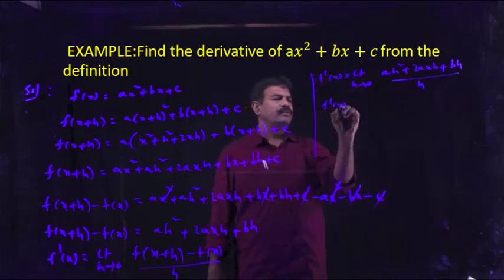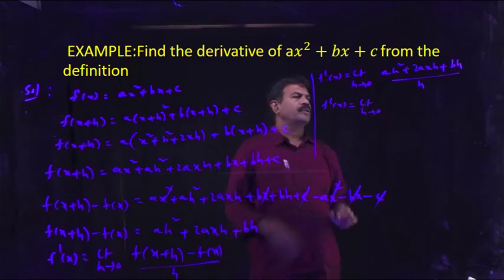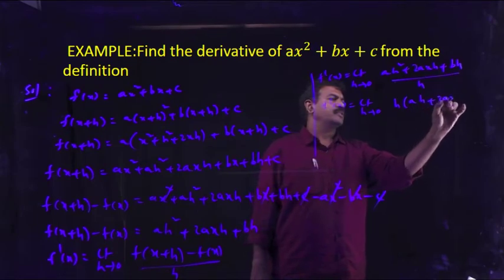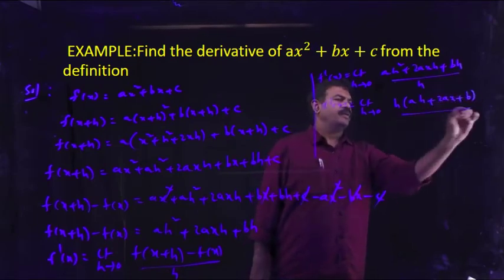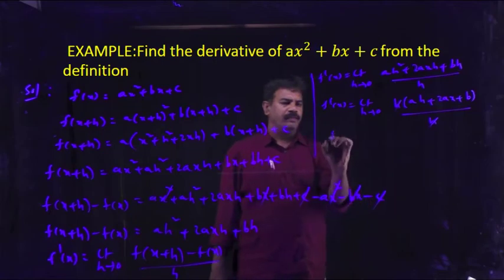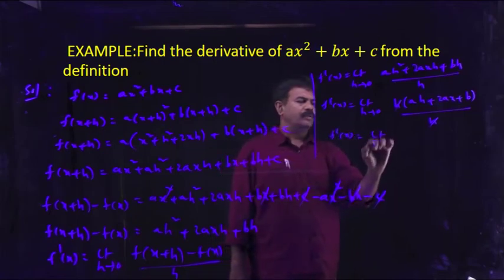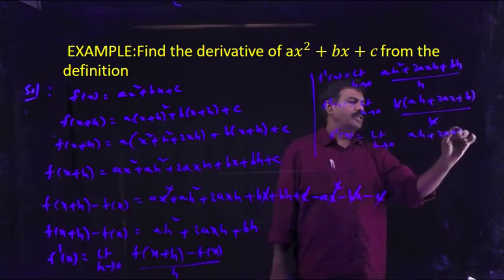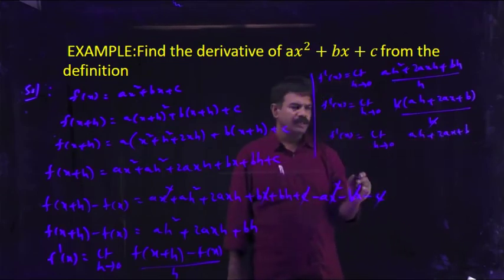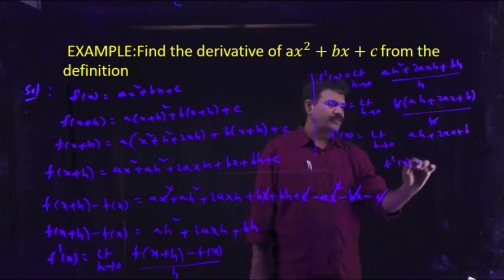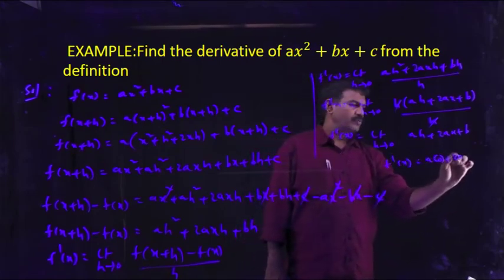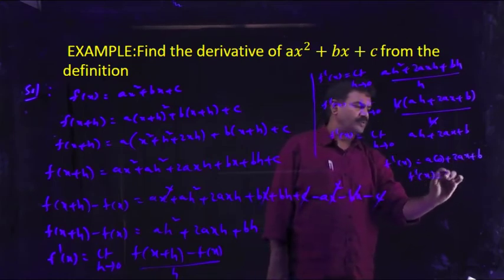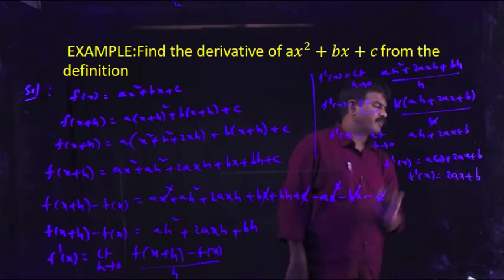In the numerator, h is common: h(ah + 2ax + b) by h. So f'(x) is the limit as h tends to 0 of (ah + 2ax + b). Now applying the limit, f'(x) is a times 0 plus 2ax plus b, that is f'(x) = 2ax + b.